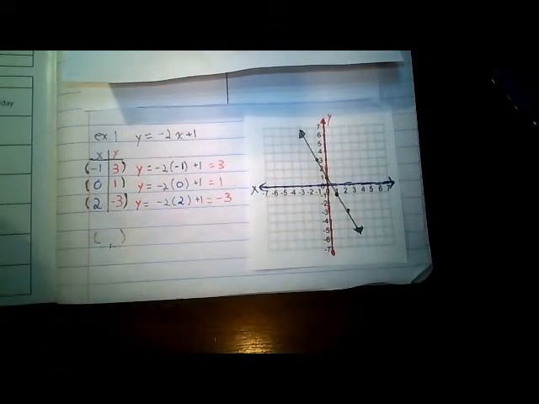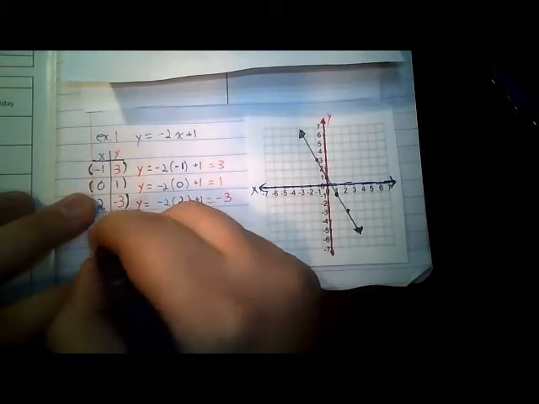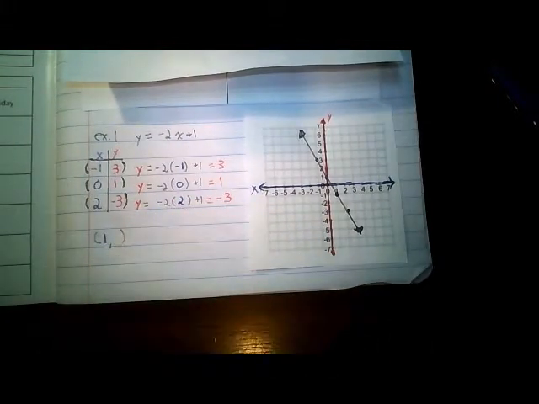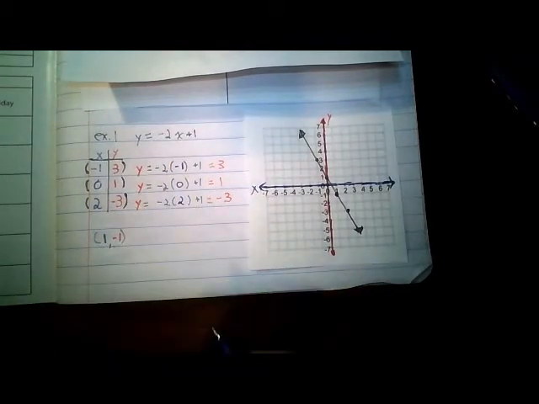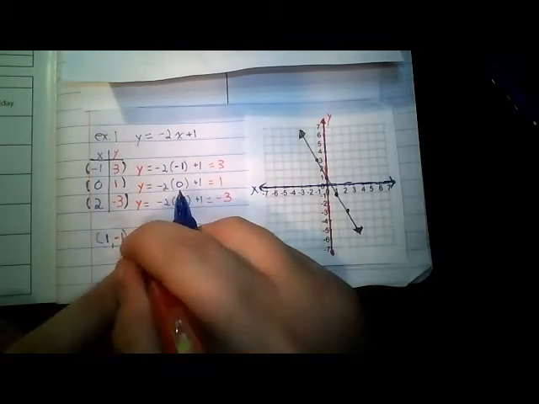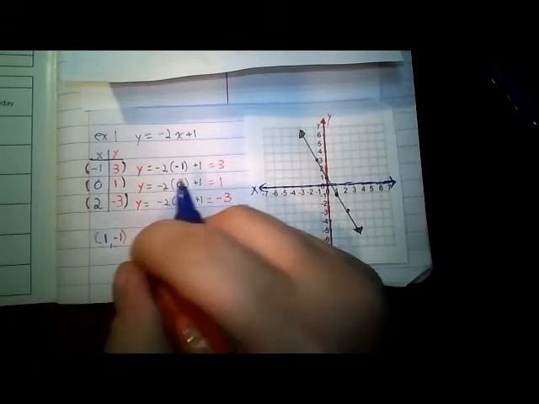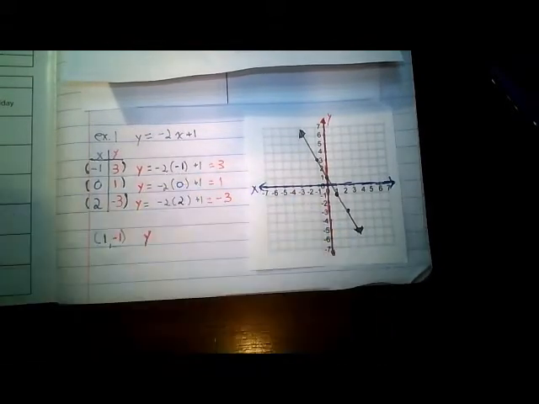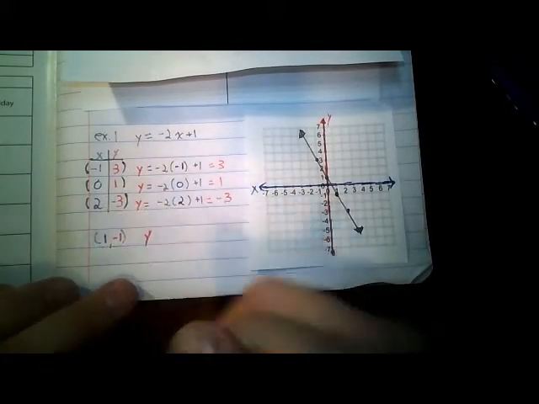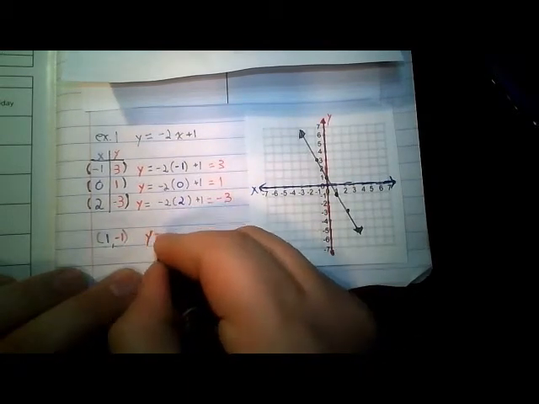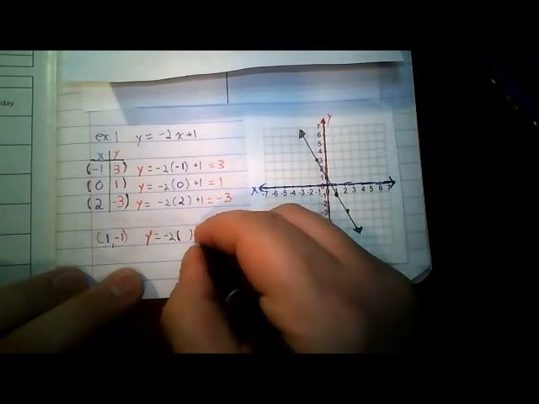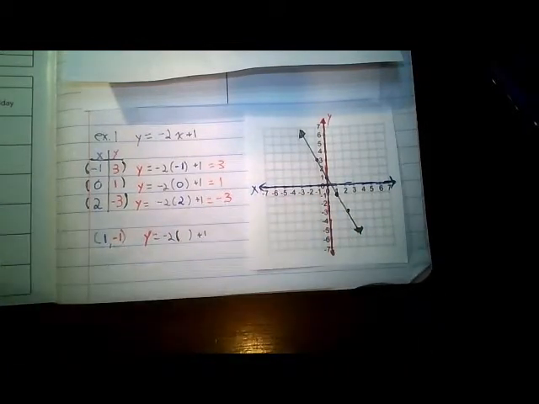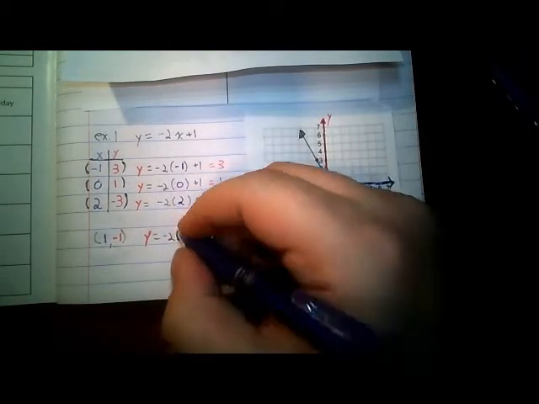So again, using color, that's going to be 1 on x and -1 on y. So in my equation, I would have y equals -2 times x plus 1, where x is 1.